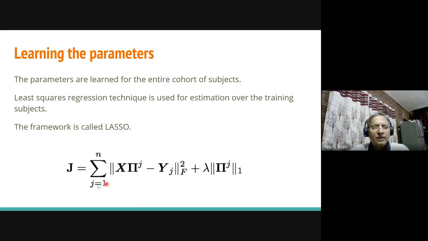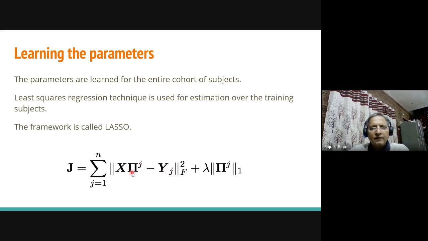This objective function has two terms. The first term is the typical mean squared error, a least-squares minimization, where x(π_j) is the model and y_j is the empirically observed functional connectivity.